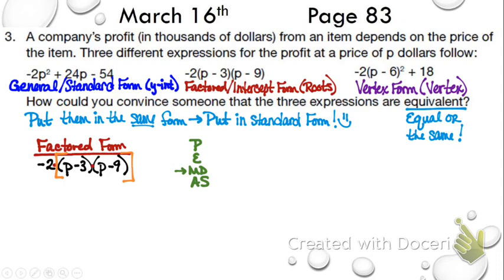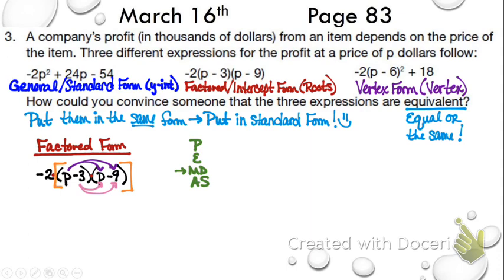We're going to use some double distribution now. Why does it have to be double distribution? I'm going to take this first term. It has to get distributed to both pieces. But then I also have to take my second term and distribute it to both pieces. So when I take p and distribute it to p, what do I get?